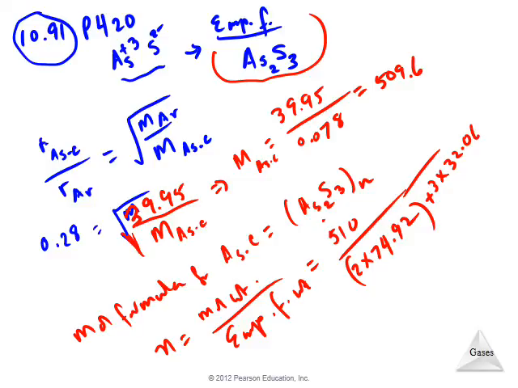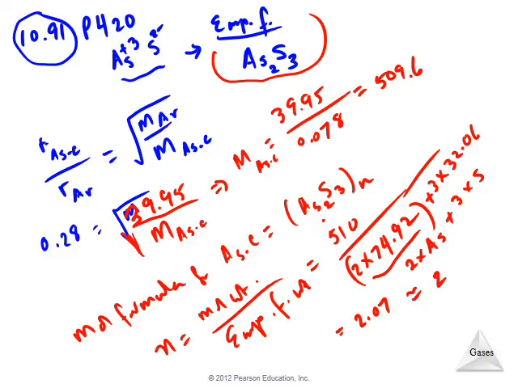Let me remind you, this is 2 times arsenic plus 3 times sulfur because we know the empirical formula is As2S3. And now if you do the math, you're going to get 2.07. This number has to be an integral number, so we can round it off to 2 because it's so close to 2.